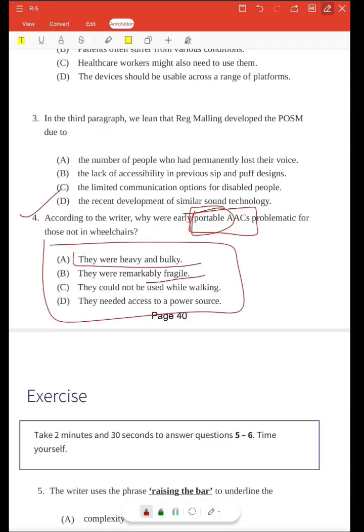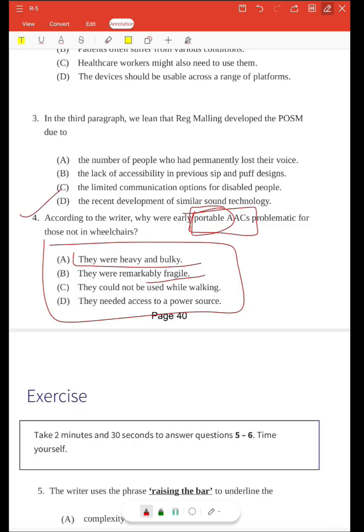Fragile means something very sensitive or something which can be broken easily, like glass is very fragile. Something which has chances of breaking down or losing its actual shape is fragile. Okay. They could not be used while walking.